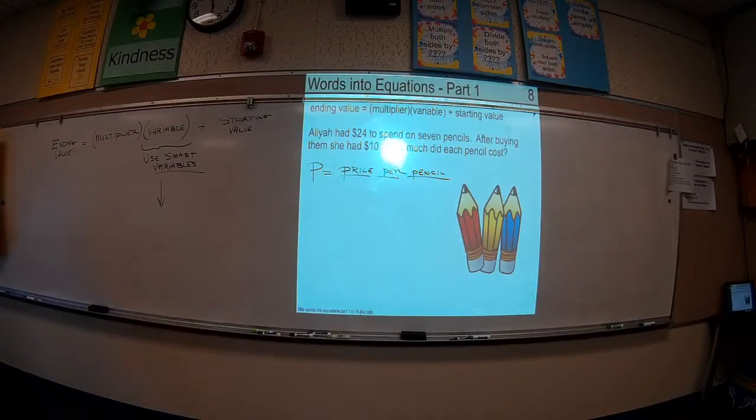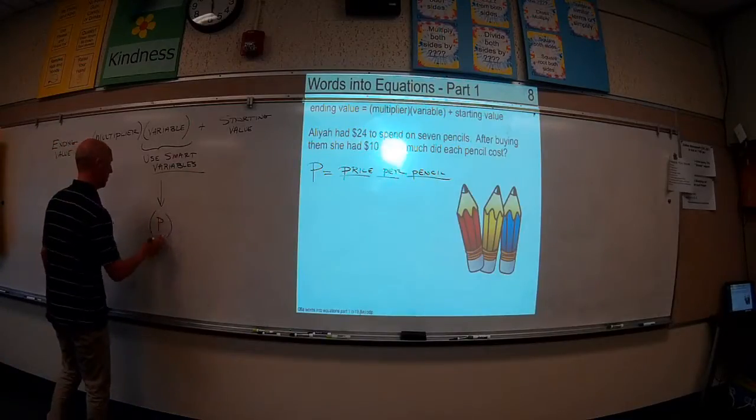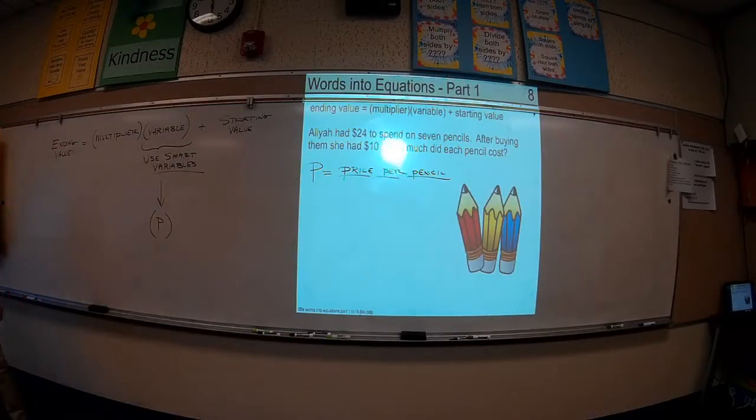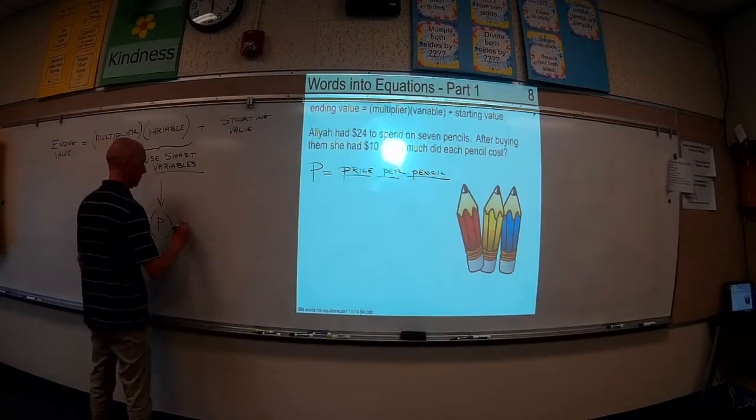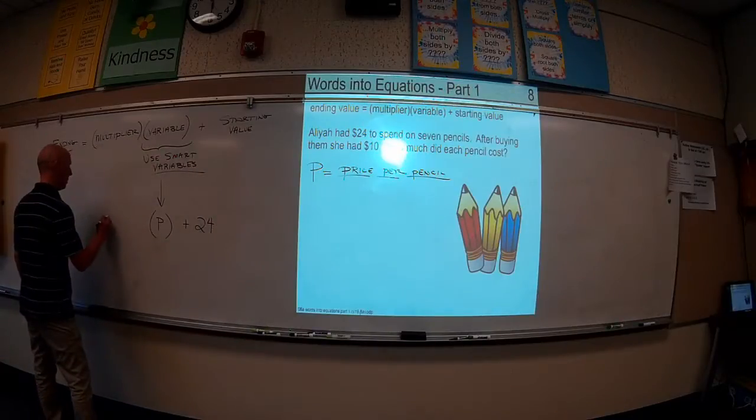Okay. Let's start building the equation. So we're using P for a variable. I've got things like a multiplier, an ending value, and a starting value. Go for it, Nico. Would the starting value be 24? Okay, I can do it as a 24, sure. We'll do this 2 ways.